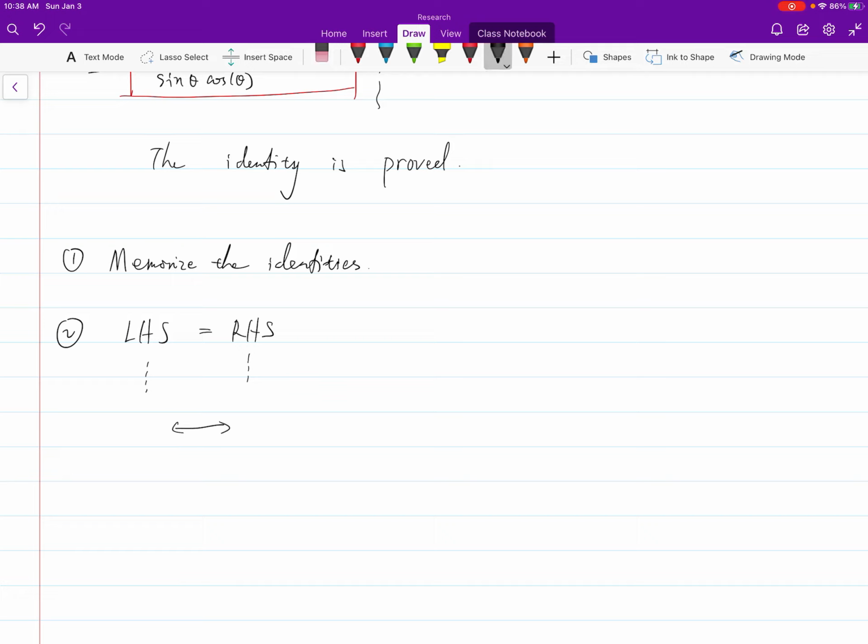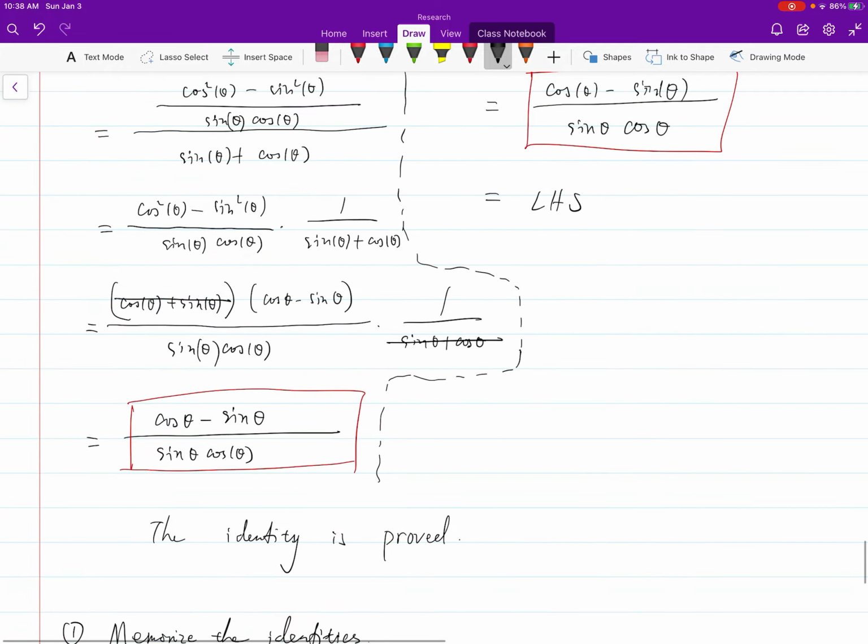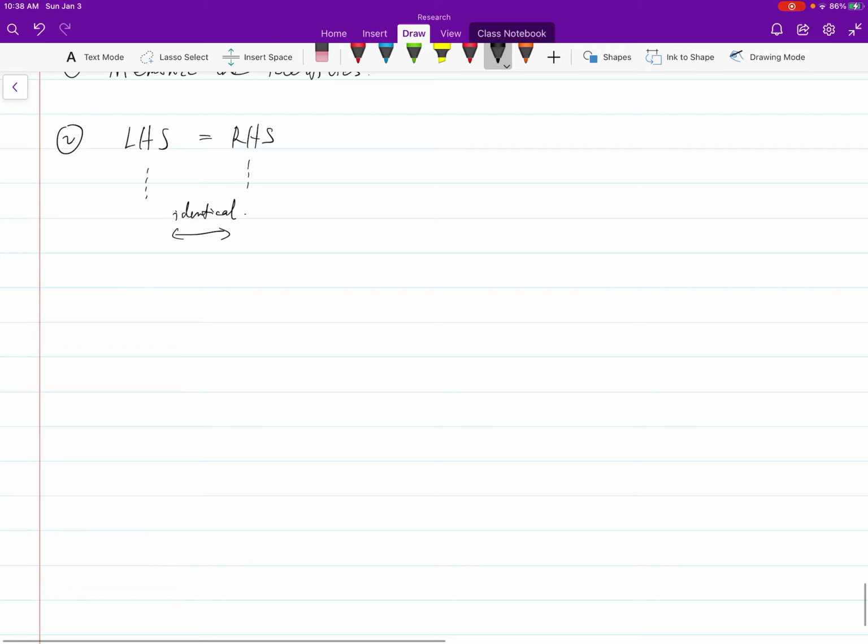Therefore, you can keep simplifying the left and the right separately. The final goal is to make sure these are identical. The rest is just a test of how good you are with all the algebraic skills you have.